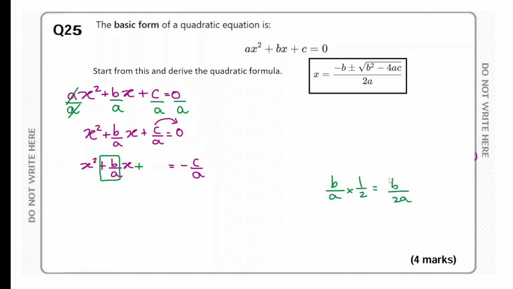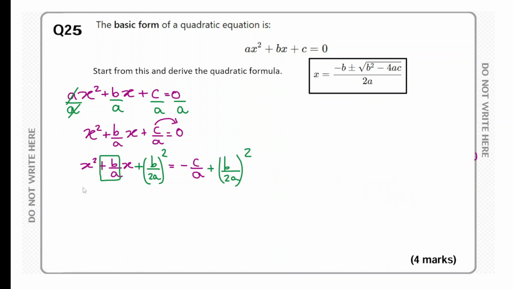So half of b over a is b over a times half, which is b over 2a. And to square it, I have to square this one now. So it's (b over 2a) squared. But this is an equation. I have to do the same thing to both sides. So (b over 2a) squared.